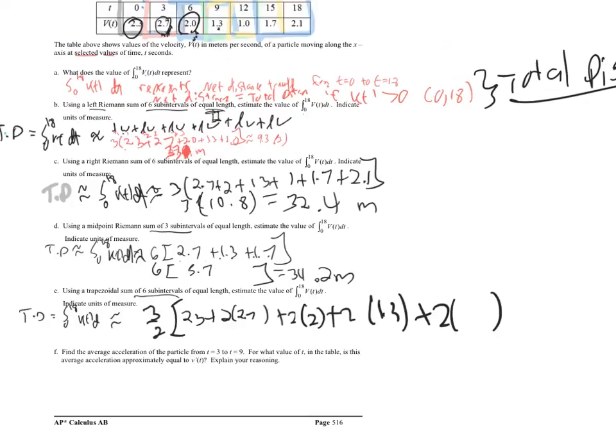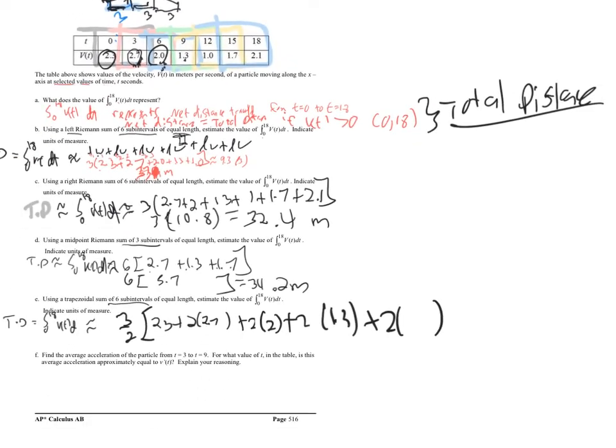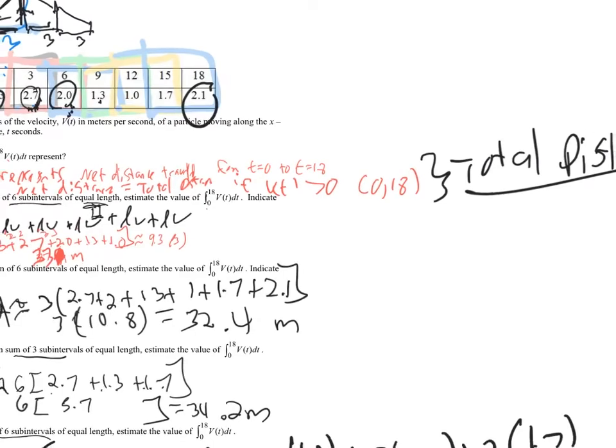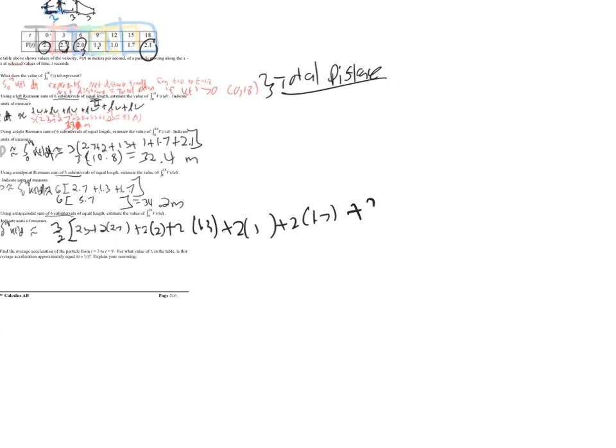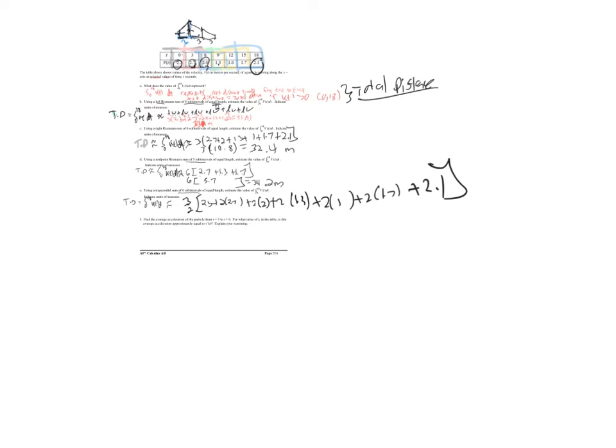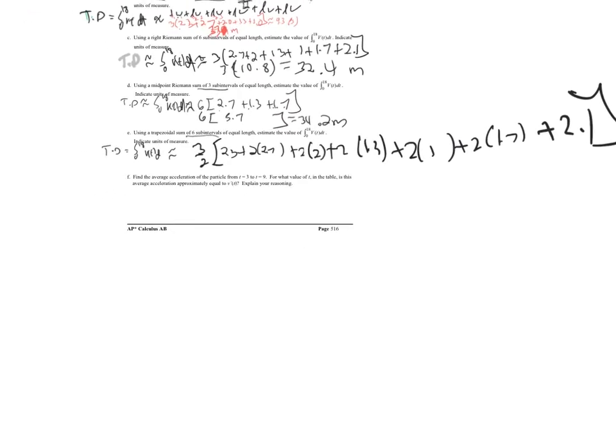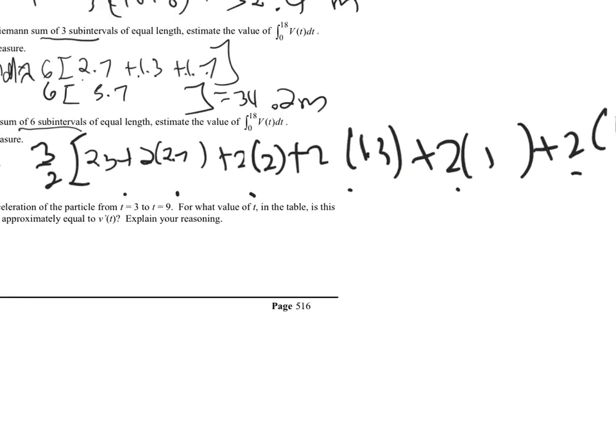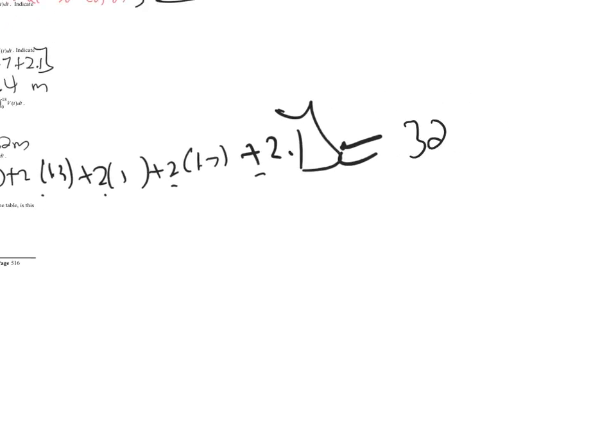Then I have 2 of the next one, which is a 1. 2 of the next one, which is a 1.7. And then the last one, you only have 1 of those, 2.1. So I'm going to plug it into my calculator and see if I get it right. I'll be right back. I got 32.7 meters.